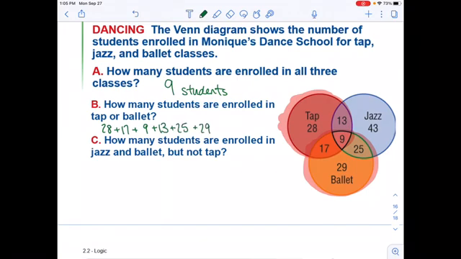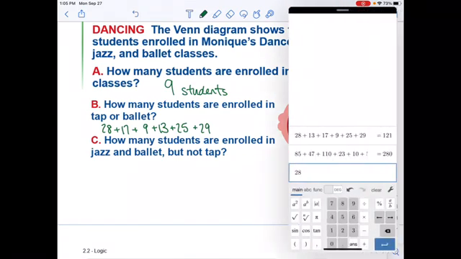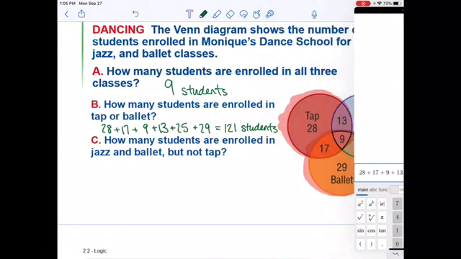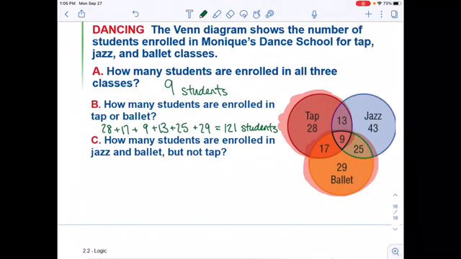Because these students are in tap or ballet, it is true that they might also be in jazz, but they are also in tap or ballet. Now, if you do that addition, 28 plus 17 plus 9 plus 13 plus 25 plus 29 is actually equal to 121 students taking either tap or ballet. Maybe both, maybe also jazz, but at least tap or ballet.